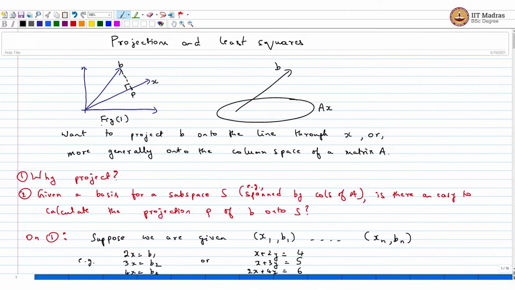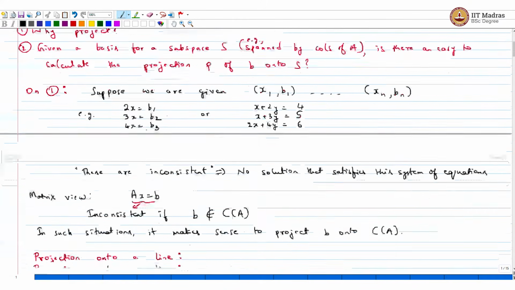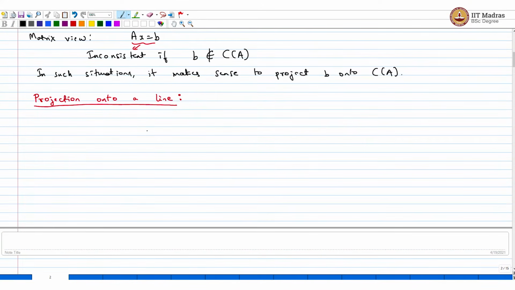It may be worth drawing this again. You have B, you have X, and you have this 90 degree angle, and call this P, and call the rest E, where E equals B minus P. I want to project this not onto X, sorry, I want to project this onto A. Let me call this A.